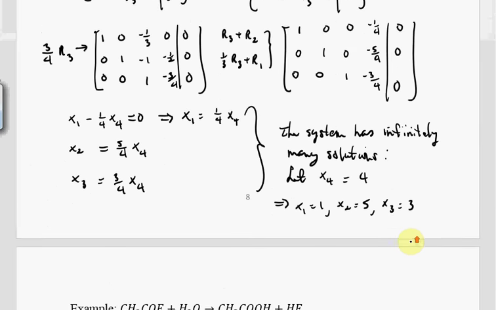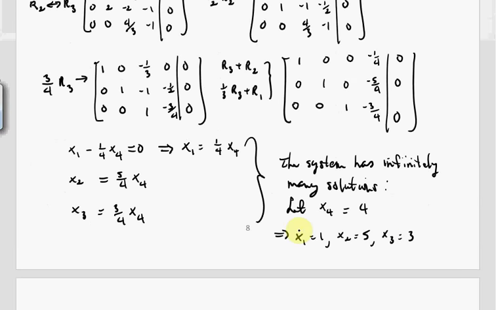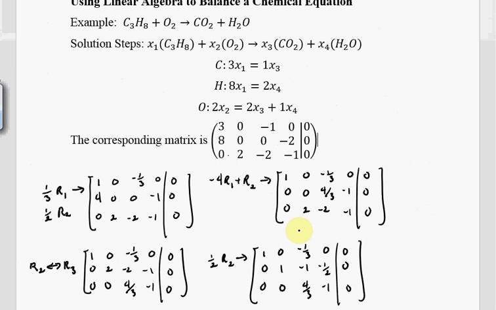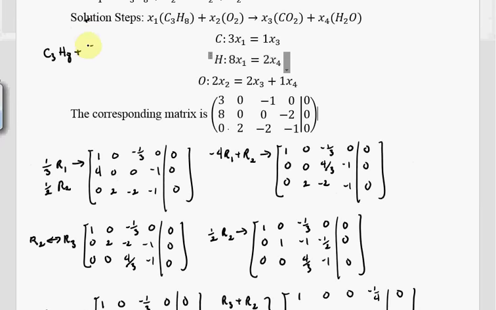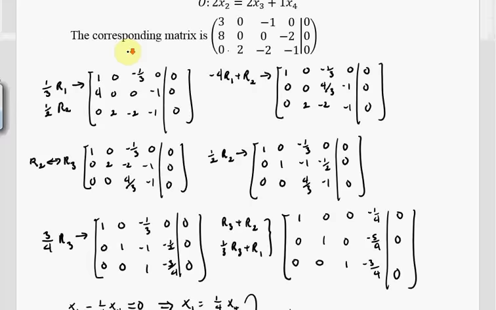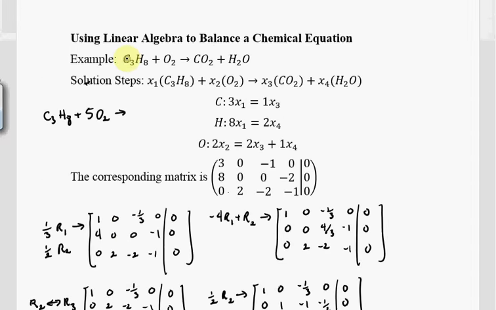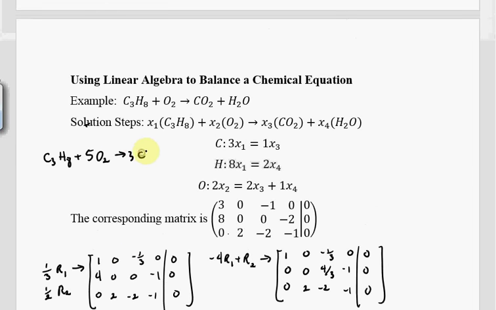So we have C3H8, plus x sub 2 gave us 5, so this is 5 O2. That produces x sub 3 gave us 3, so this is 3 times the CO2. And x sub 4 we said was 4, so this is 4 waters.